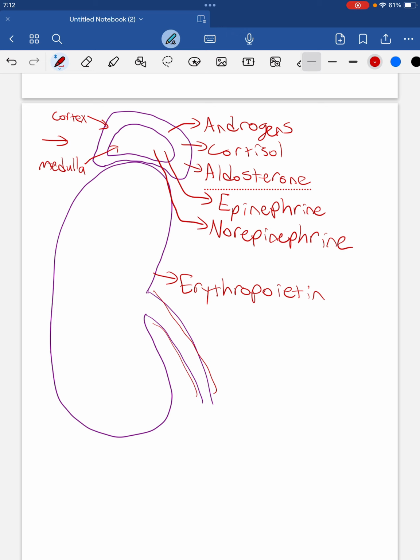Our red bone marrow, again, is found in the epiphyses of long bones, the ends of long bones, and throughout flat bones and the vertebrae. Red bone marrow, through hemopoietic stem cells, produces red blood cells, and also white blood cells and platelets.